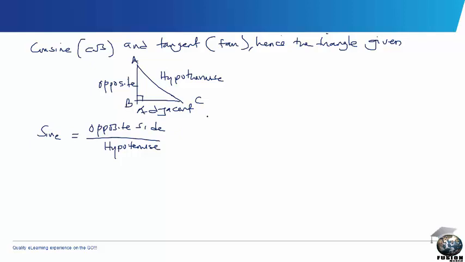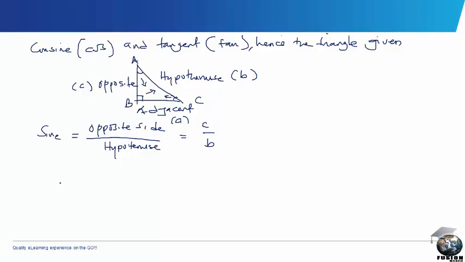From this triangle, the side that faces the opposite side is a small letter C, the side that faces the hypotenuse side is small letter B, and the side that faces the adjacent side is a small letter A. You use the angles to fix them. So you can simply say that the opposite side is C over the hypotenuse side, which is B.